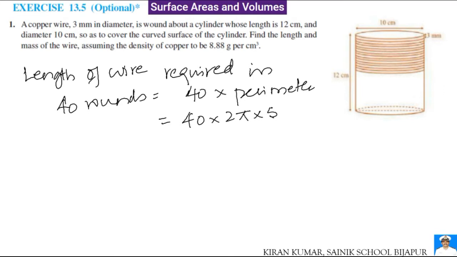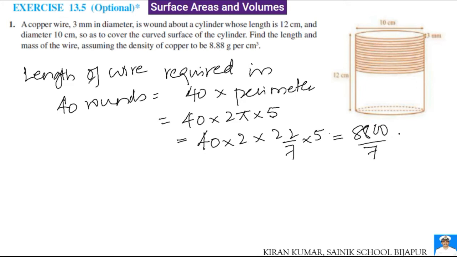R is 5, so we get 40 times 2 multiplied by 22 upon 7 into 5. We get 8800 upon 7. This will be approximately equal to 1257.14 centimeter or 12.57 meters.